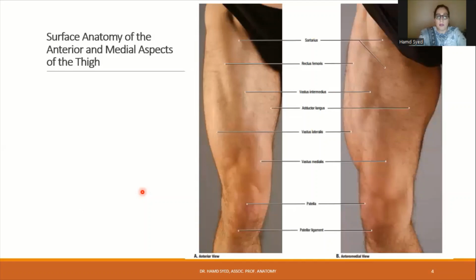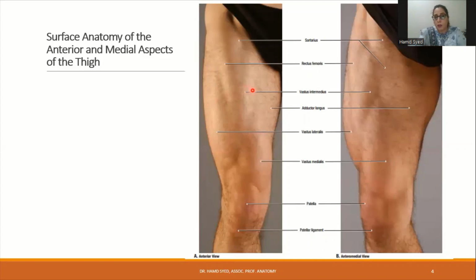Now looking at the surface anatomy of the anteromedial aspects of the region of the thigh, we can see on the anterior aspect, this prominence is representing the rectus femoris muscle, which we had discussed previously is a muscle of the anterior compartment of the thigh. And the mass on the lateral aspect of rectus femoris represents the vastus lateralis.